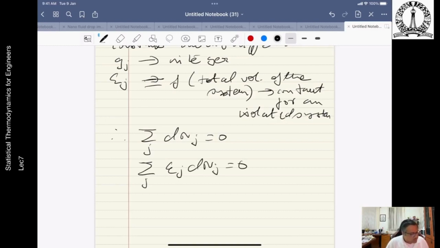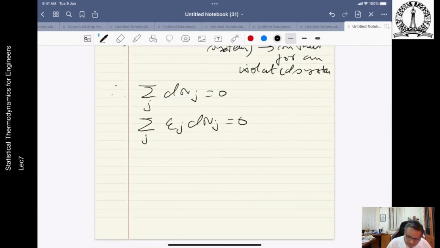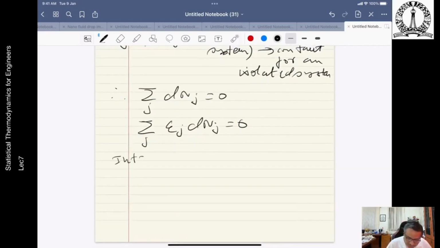Okay. So now we have the situation, and so introducing the concept of Lagrange multipliers now.